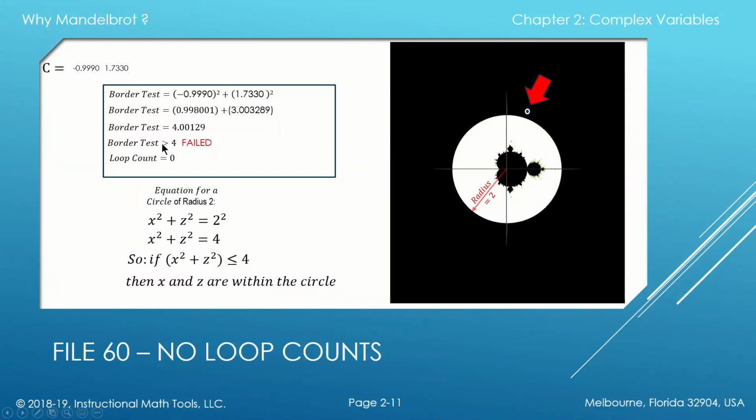And this thing failed the border test because you took both those numbers, you squared them, and you added them together, and it came up to 4. Well, the border test, if it came up 4 exactly, it would pass. But it's over 4. It's 0.00129 over 4. So it failed the test.